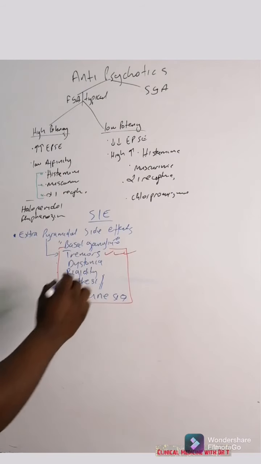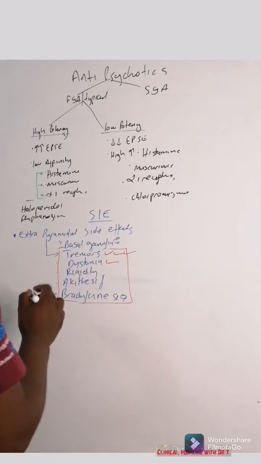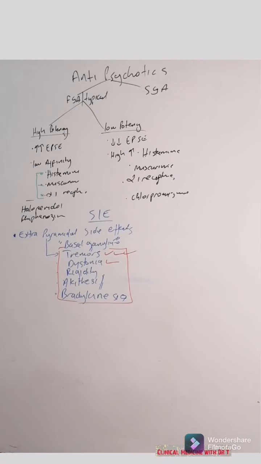I've seen dystonia when I was still doing peds. I had 3 kids who took haloperidol. They thought it's sweet. They took it from a member of the family who was using haloperidol, and they came with acute dystonia.